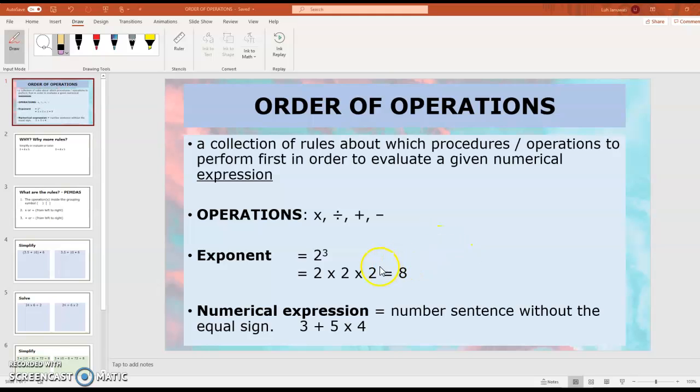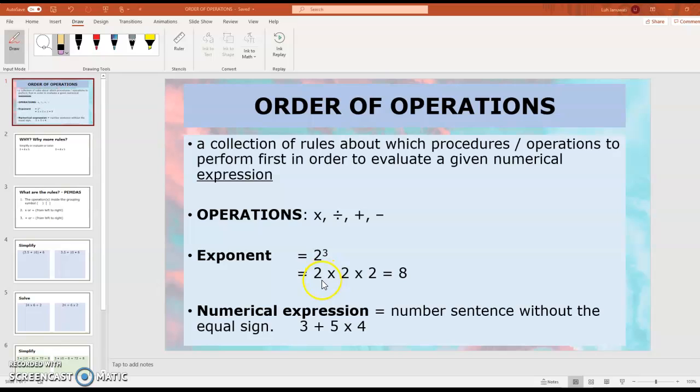In 6th grade, you're going to learn a new one, which is called exponent. Exponent is simply a repeated multiplication. So for example, if you have 2 to the 3rd power, 2 is the base and 3 is the power or the exponent.